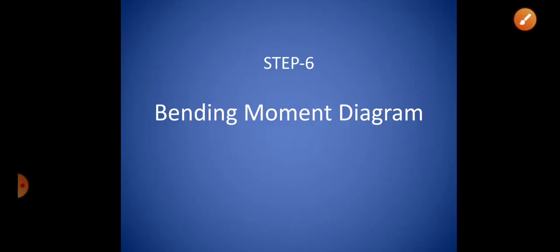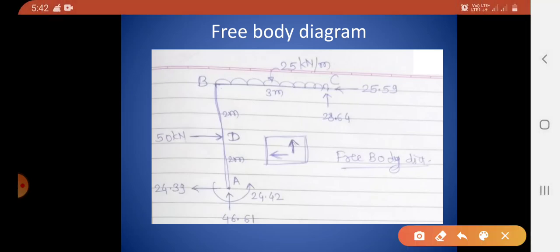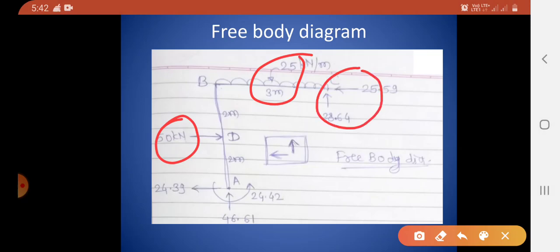Now go to step 6, which is to draw the bending moment diagram. First we will see the free body diagram. Free body diagram is nothing but the diagram showing all the external loads plus all the support reactions which we have already calculated in the previous steps.